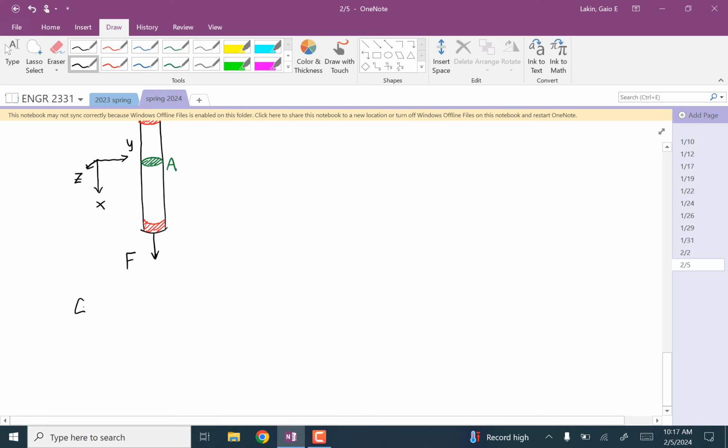Okay, so for example, this is no different than what we did with the tensile test.